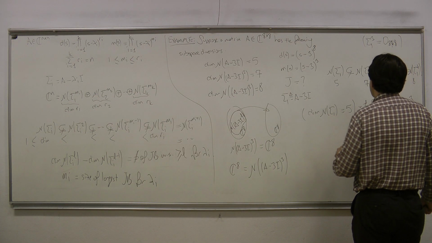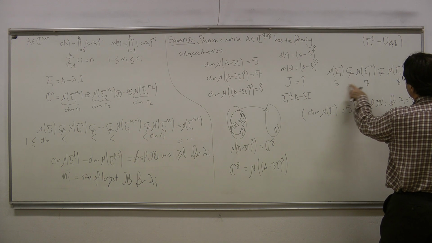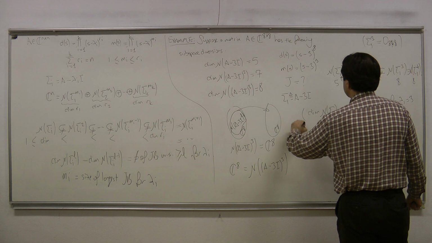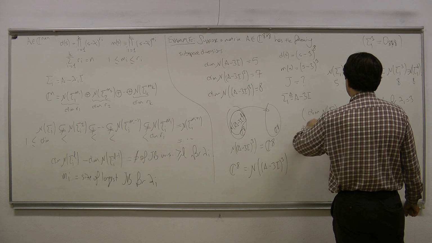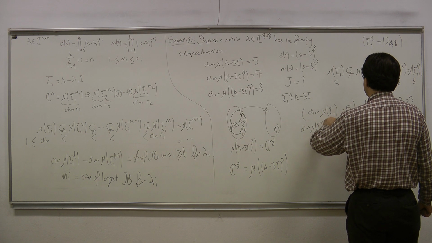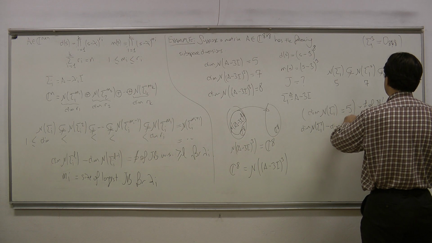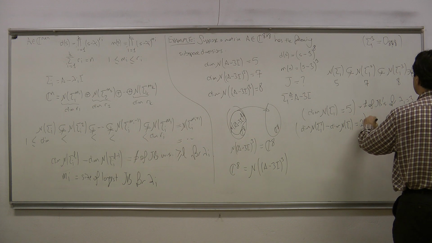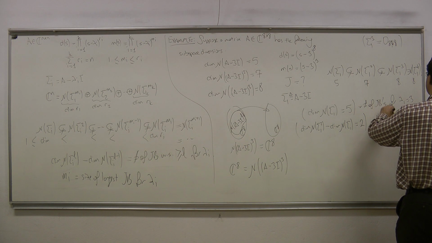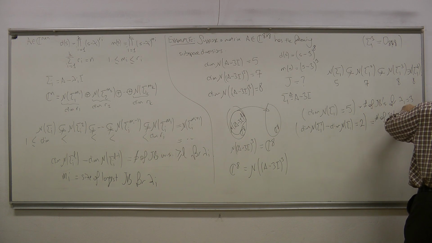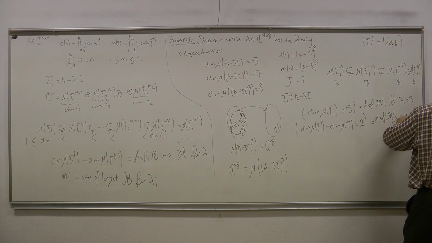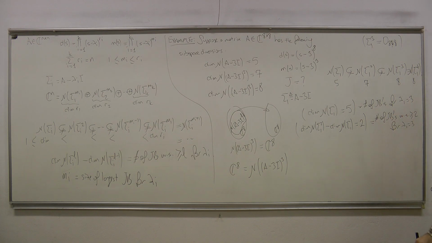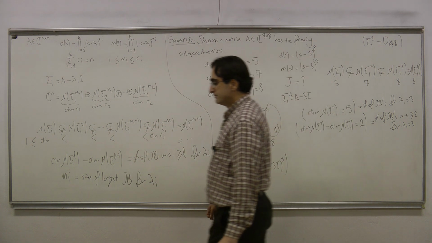All right? And then I'm going to look at the consecutive differences here. Dimension of the null space of sigma 1 square minus the dimension of the null space of sigma 1. This difference is 2 here, and that is going to be the number of Jordan blocks with size larger than or equal to 2 for lambda 1 equals 3. Okay? So Jordan blocks with size larger than or equal to 2 is 2 for this matrix.